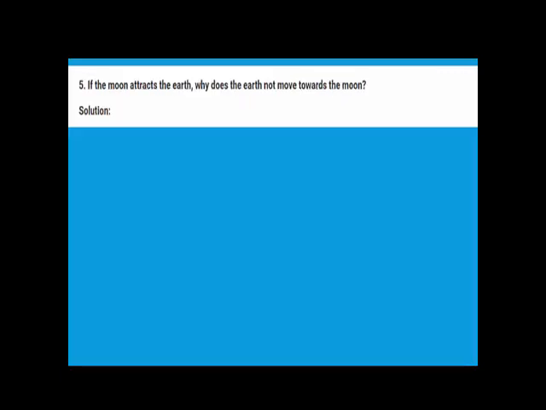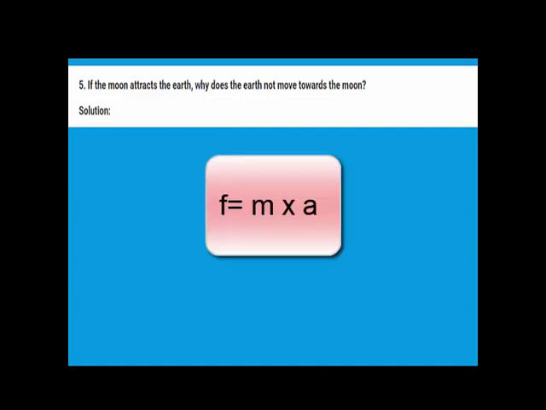The question is, if the moon attracts the earth, why is the earth not able to move towards the moon? First reason is that both of them are attracting each other with the same force. Force is the same between moon and the earth.